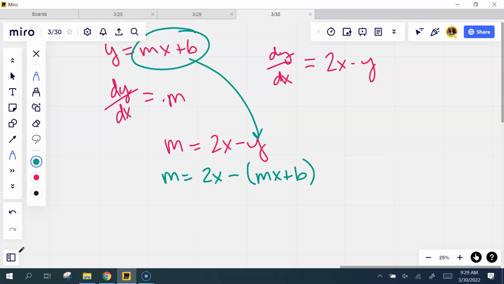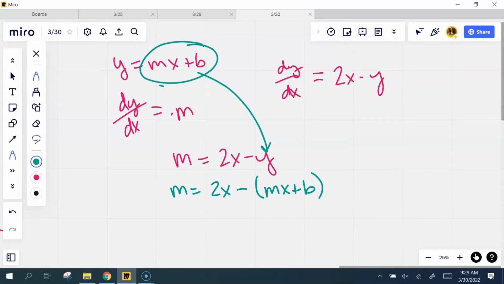Actually, no, I lied. This is one point right here. If somewhere on there you did that, you got a point. That's 1 point. If you found the derivative of the solution equation they gave you, you get a point.